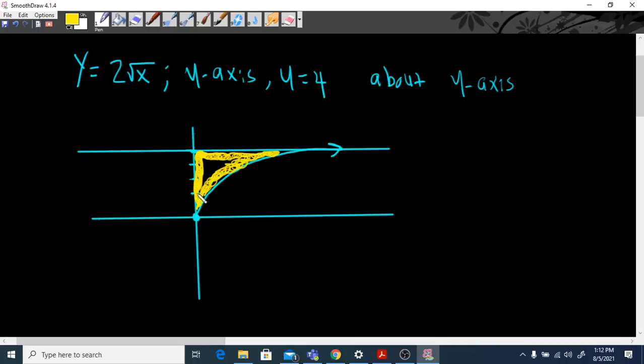So what we're going to do is we're going to take this region and we're going to create a solid by rotating this thing around the y-axis. So think about this figure, going into the screen like a circle. It's like circulating around the y-axis.